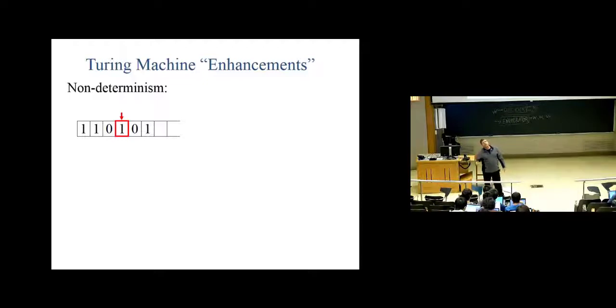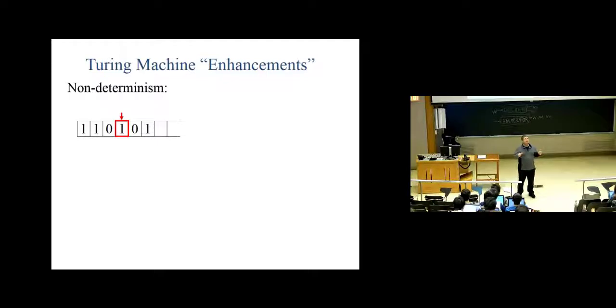And as long as you arrive at an accepting state on some path, on some branch of the tree, the whole thing is said to be accepting. So it's a very similar, in fact identical, definition to that of finite automata non-determinism or push-down automata non-determinism. So Turing machine non-determinism, same thing. As long as there's a way to win, you win. You don't have to worry about dead ends and non-accepts and so on, dead paths.